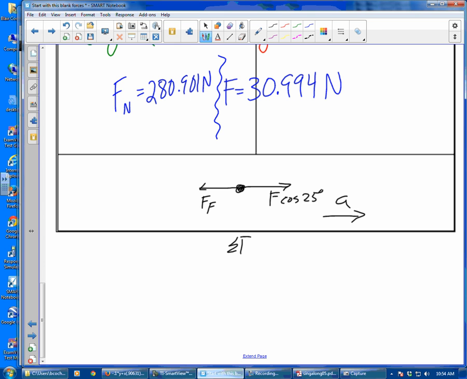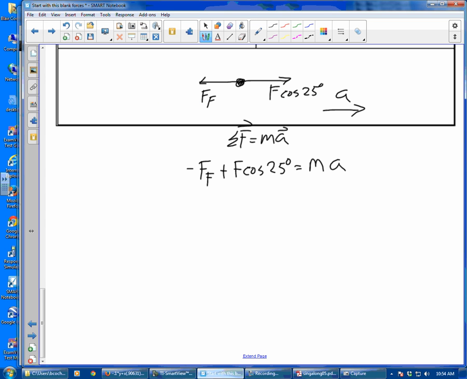So if I do the sum of my forces is MA, they want to know A, so I would have negative frictional force plus F cosine 25 degrees equals M times A. So I'd substitute in here negative mu force normal plus F cosine 25 degrees equals M times A. Oh, I could divide both sides by M, couldn't I? And that would leave me with just A on that right-hand side, right?